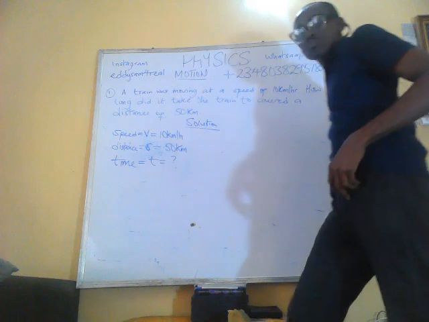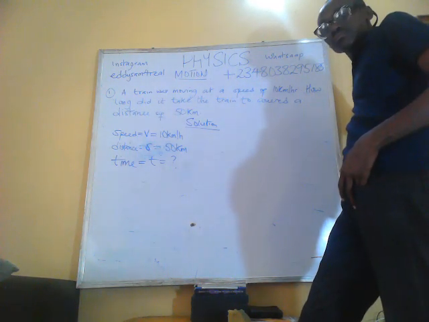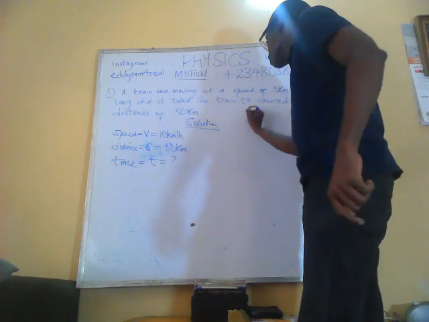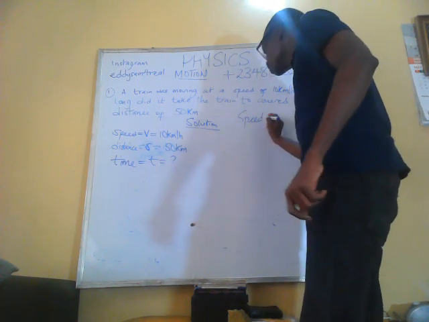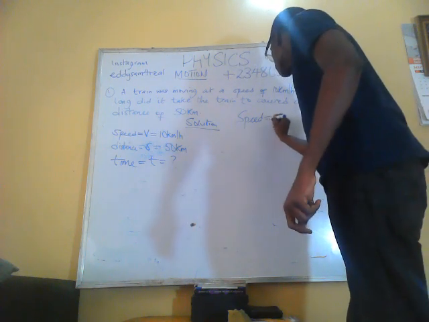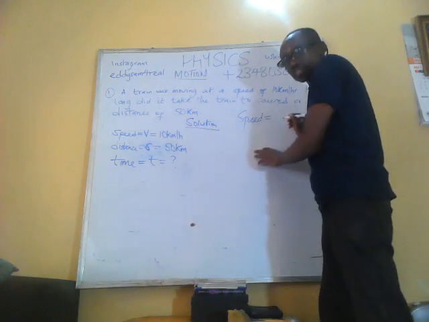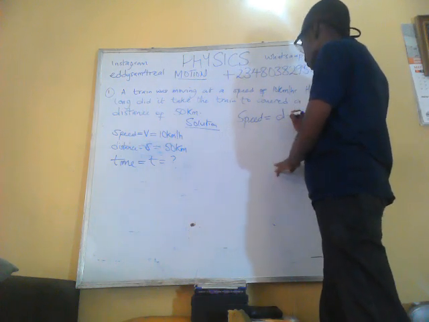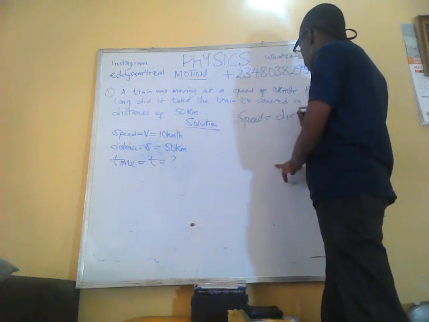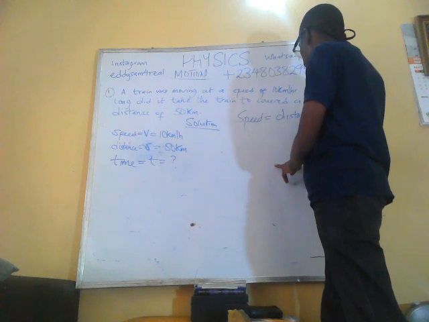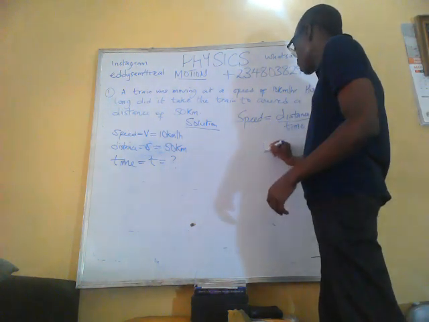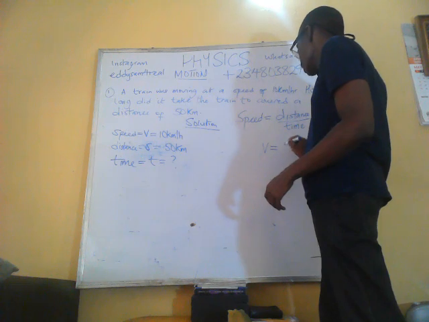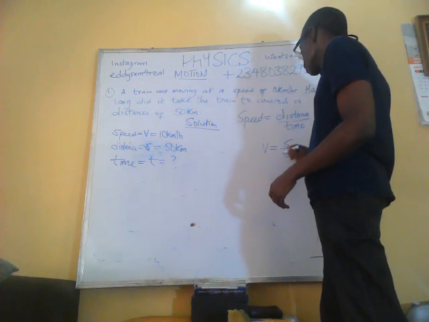We know that there's a formula that says speed is equal to distance over time. So if we use our symbols, V is equal to S over T.